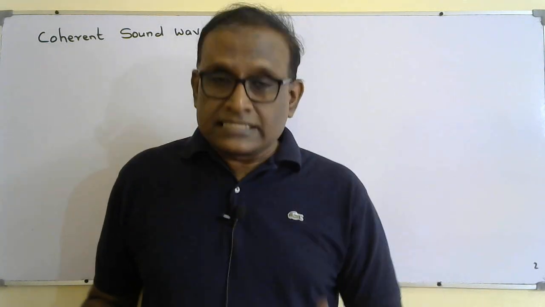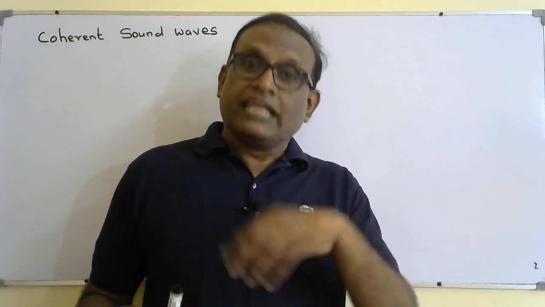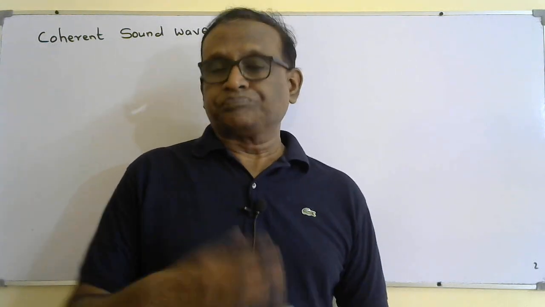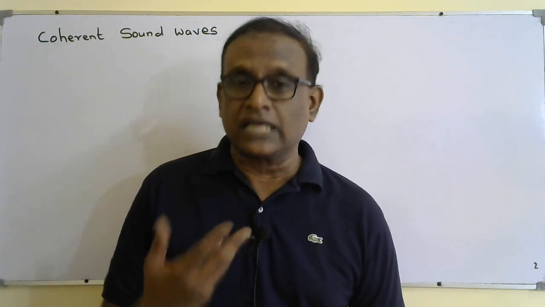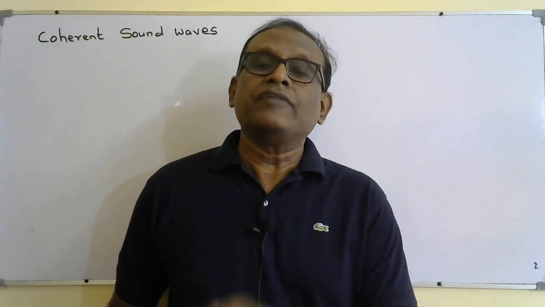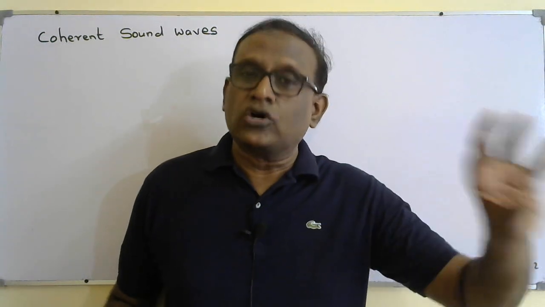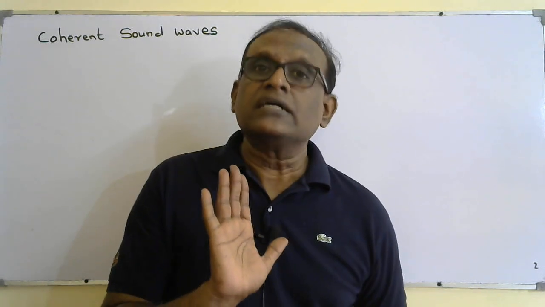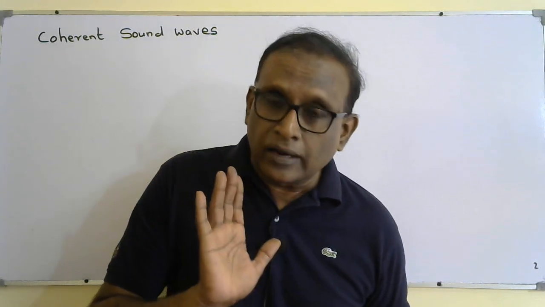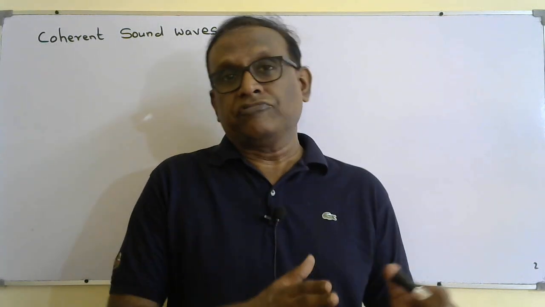When you connect a signal generator to a loudspeaker, the signal generator gives out an AC signal, alternating current. For example, if the signal generator gives out a 2000 hertz AC signal, and you connect that AC signal to a loudspeaker, then the diaphragm of the loudspeaker will vibrate at the same frequency as the AC signal.